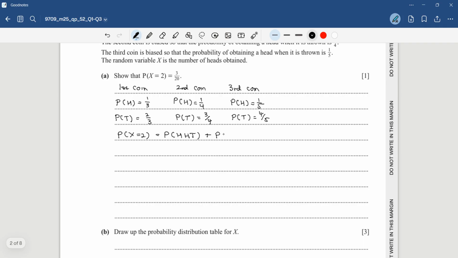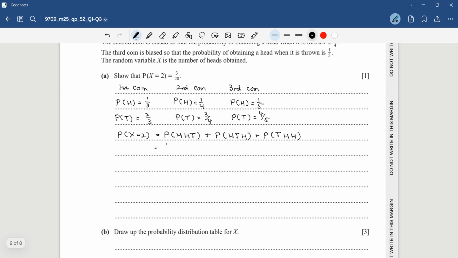Or it can be head, tail, head: first coin head, second coin tail, and third coin is head as well. And the last option is tail, head, head, means the first coin is tail, second and third coin will be heads.